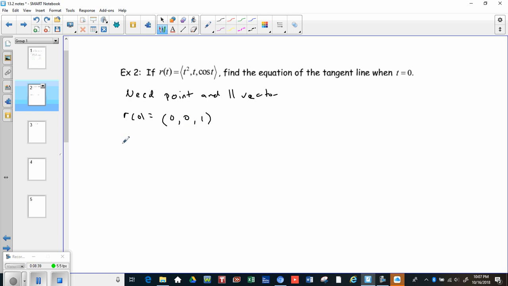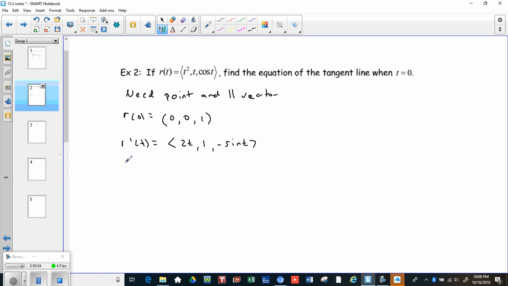Then, of course, we need r prime of t. R prime of t, taking the derivative of each piece: 2t, 1, derivative of cosine is negative sine t. And then I would need specifically r prime at t equals 0.